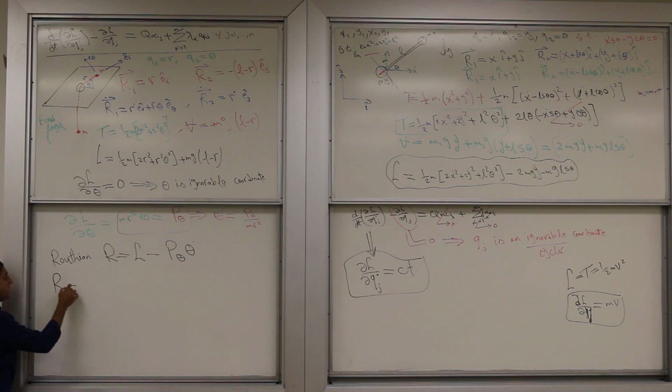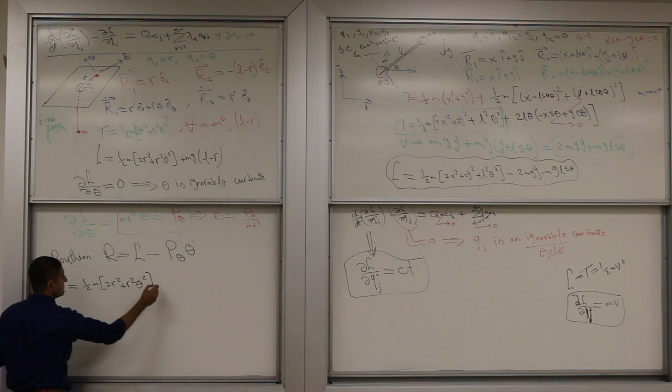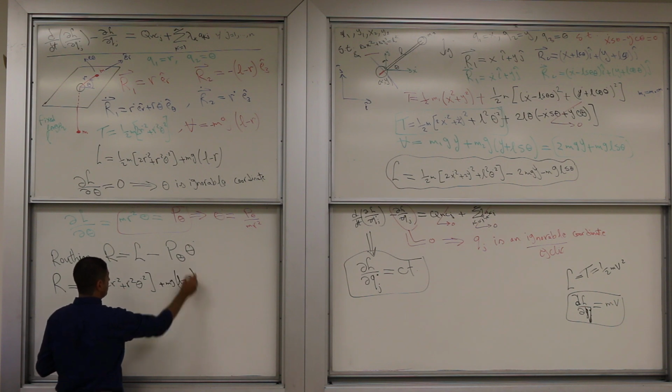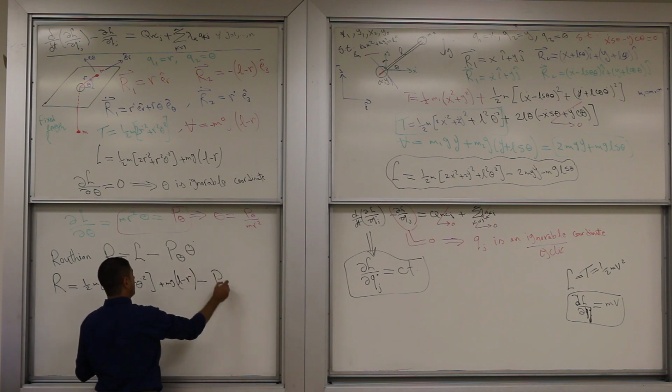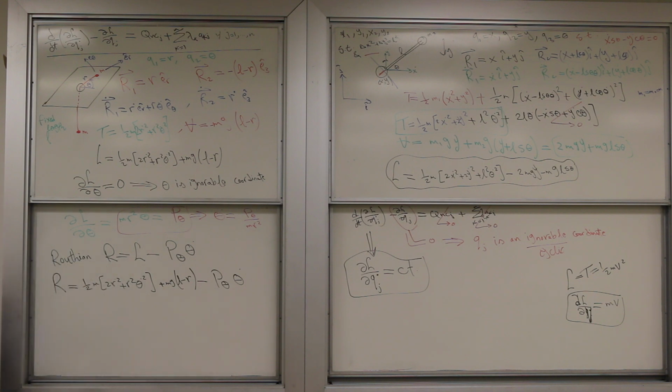My Routhian is, whenever I have Lagrangian over there, 1/2 m (r dot squared plus r squared theta dot squared) plus mg(l minus r) minus p theta theta dot. Any question about that, please? Any question?